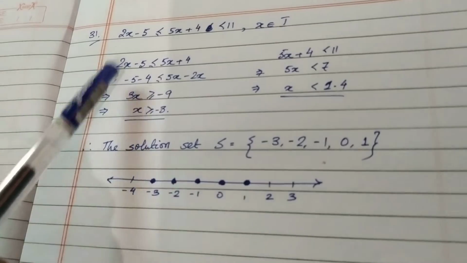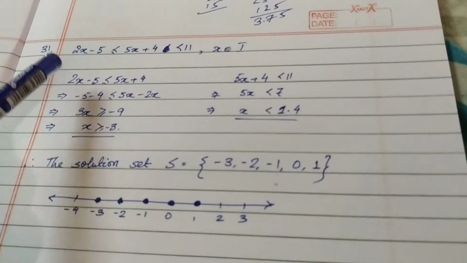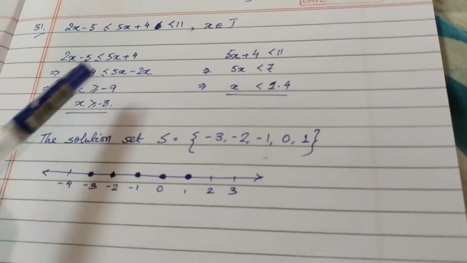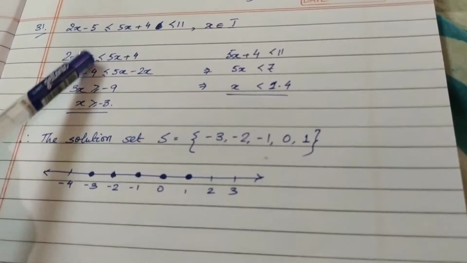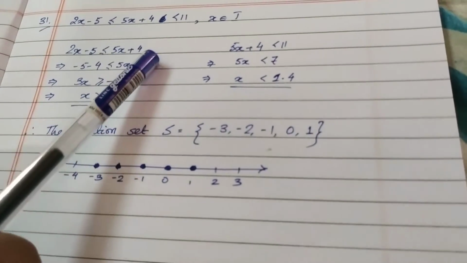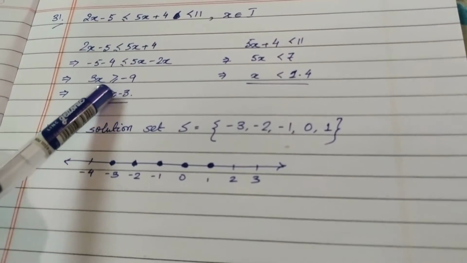So again you bring all the x terms to one side, so 2x goes here, it becomes 5x minus 2x, 4 comes here, minus 5 is already here, so minus 5 minus 4, we have 3x from here and minus 9 from here, it's 3x greater than or equal to minus 9.